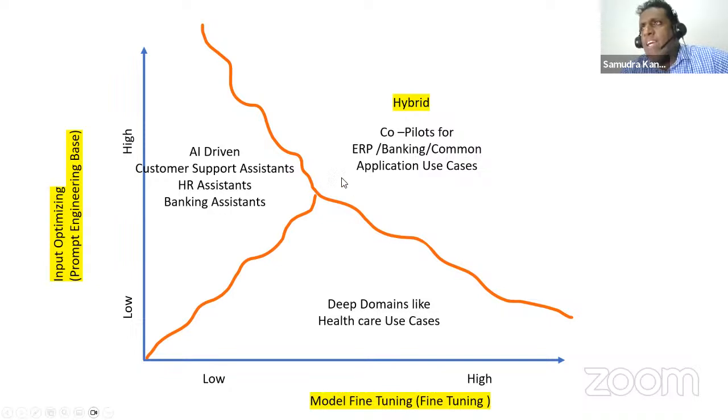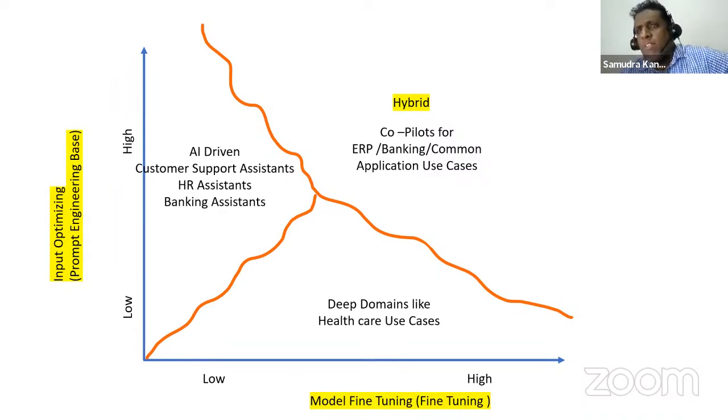On the other hand, you can have a very hybrid approach where you tweak your deep learning model as well as make heavy use of prompt engineering. These are the cases where, like I mentioned, driving a sales copilot using a natural language API, OpenAPI, driving using natural language.